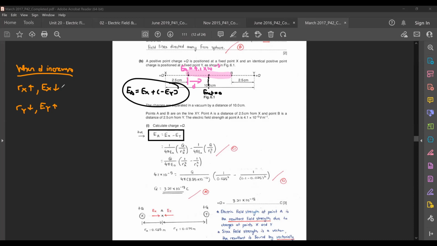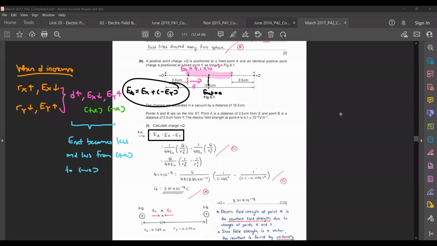So right now, you can actually say that as D increases, Ex continues to drop while Ey continues to increase. Now, from what we did earlier, we consider Ex to be positive while Ey to be negative. So the conclusion that you can get from this is that your E net becomes less and less from positive to negative.